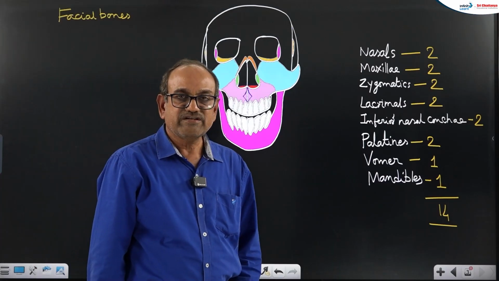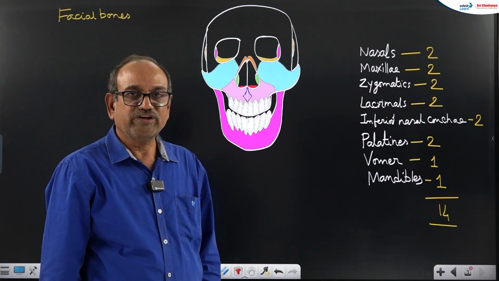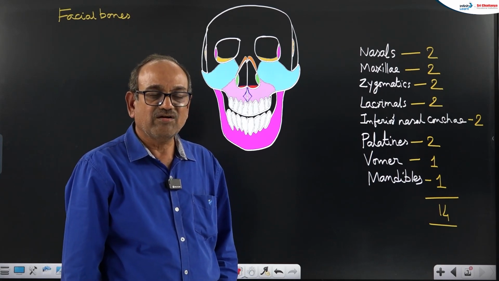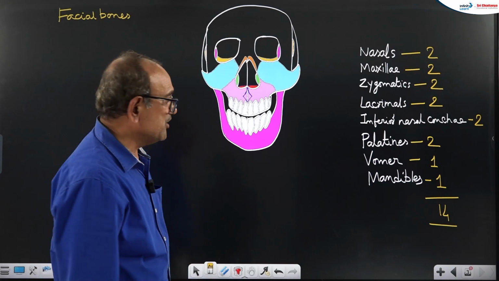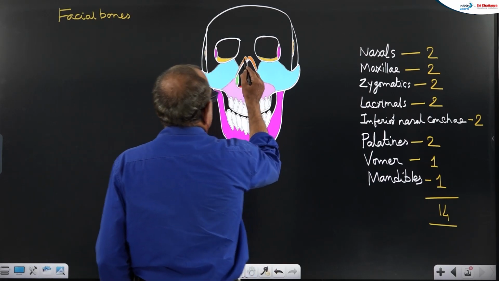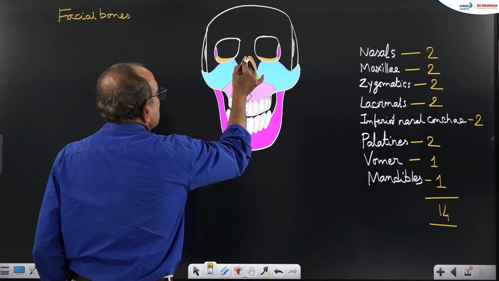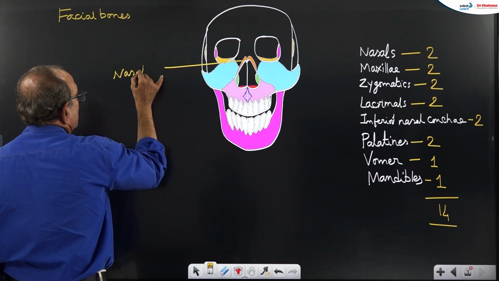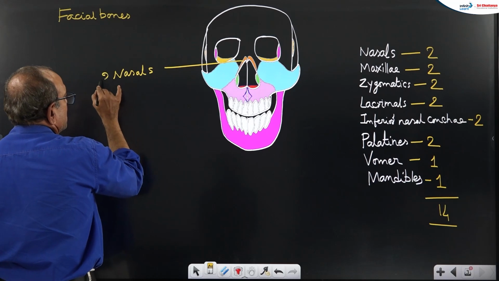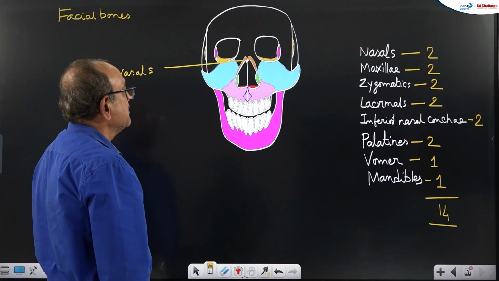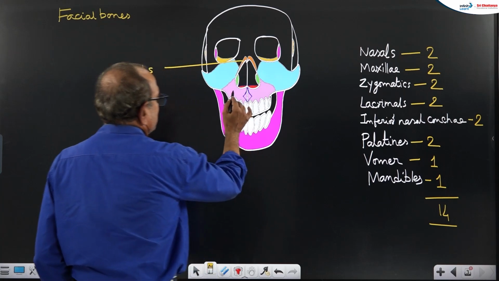Next, facial bones. There are total 14 facial bones that form the face region of our skull. They include nasals. These are the nasals. They form the nasal bridge. There are 2 in number. Next, maxillae.